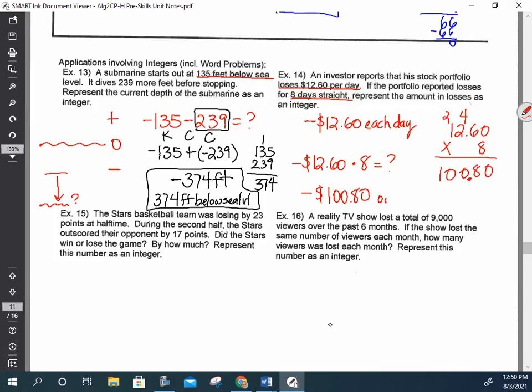So this means a loss of $100.80. Again, we're representing it mathematically as an integer, but we still need to be able to interpret and tell people what that means.